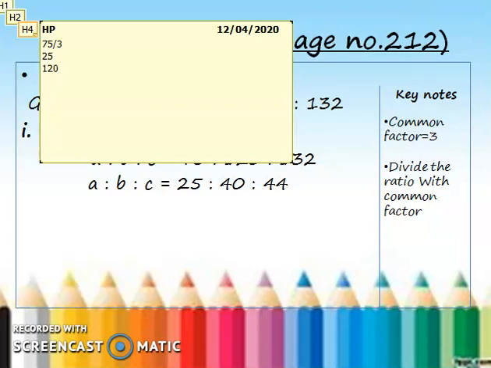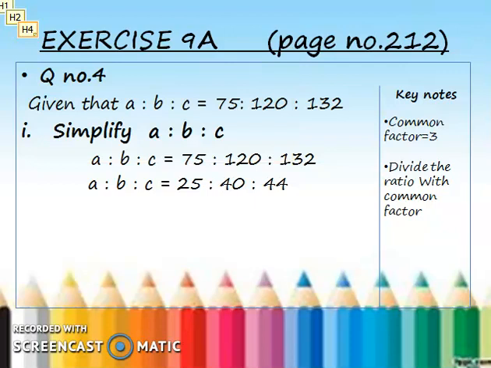Again check 120 divided by 3, it will give 40. 132 divided by 3 will give 44. So that means 25, 40 and 44 are the simplified numbers.